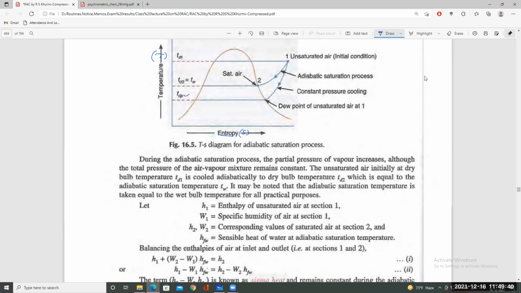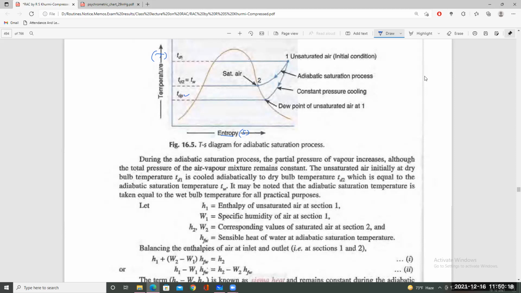So what you see is that it is unsaturated at its initial dry bulb temperature, and it is cooled adiabatically to TD2, which is equal to the adiabatic saturation temperature TW. It may be noted that the adiabatic saturation temperature is taken to be equal to the wet bulb temperature for all practical purposes.